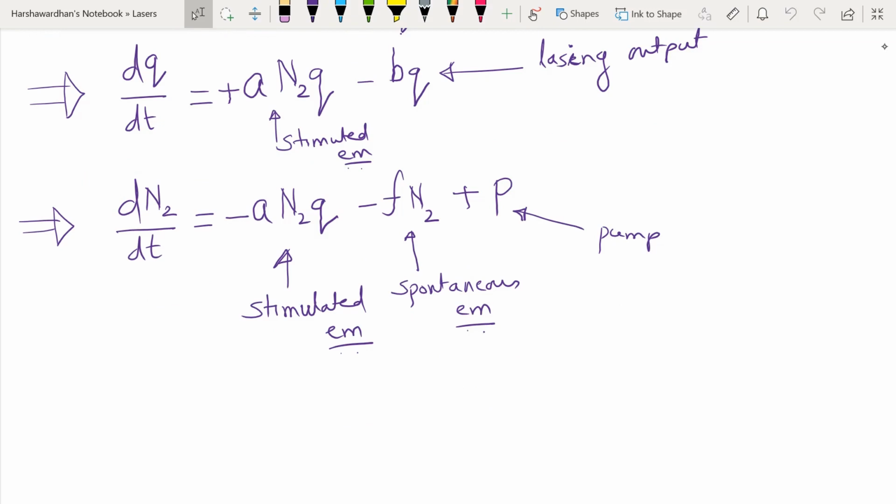Another note of caution: all these constants which I have introduced here, that is the constant A, which governs the gain of the number of photons, the constant B that governs the output through the cavity, the constant F which governs the spontaneous emission rate, and the pumping.